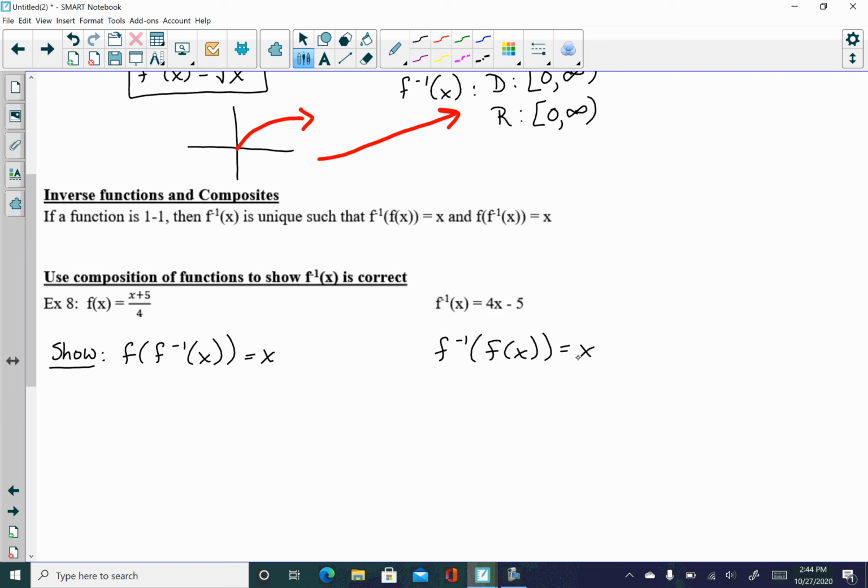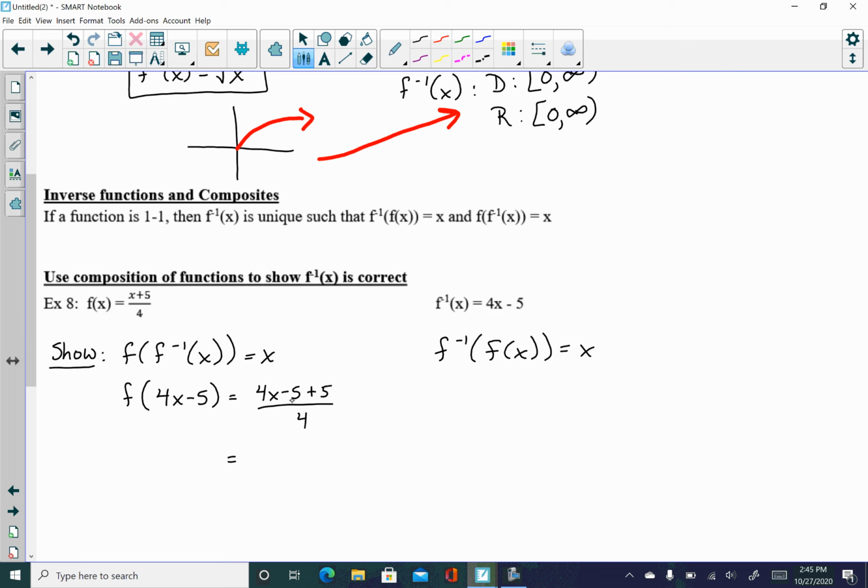So just like when we did the composition of functions before, work from the inside out. So over here on the left, f inverse of x, that's given to me. That's 4x minus 5. Now this says go to your f function. Everywhere you see an x, plug in 4x minus 5. So I'm going to my f function. I have 4x minus 5, and then I have a plus 5 up top, all divided by 4.